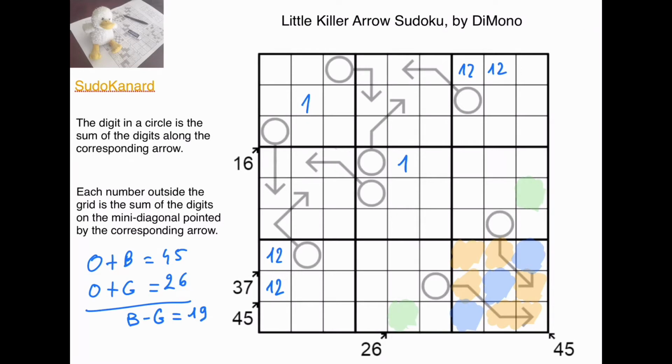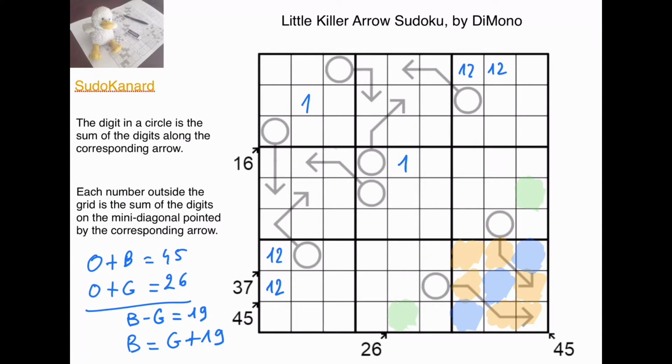Oh, sorry. Yes, oh, no, that's okay. So this has a minimum. Let's think. The orange, so B, blue is G green plus 19.